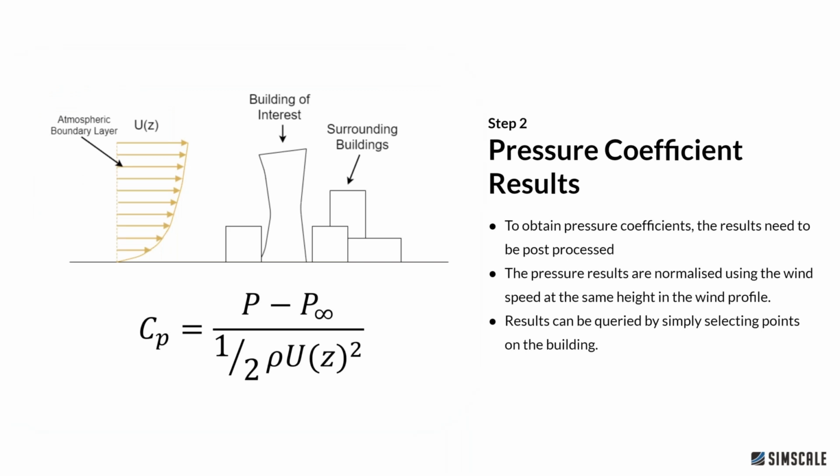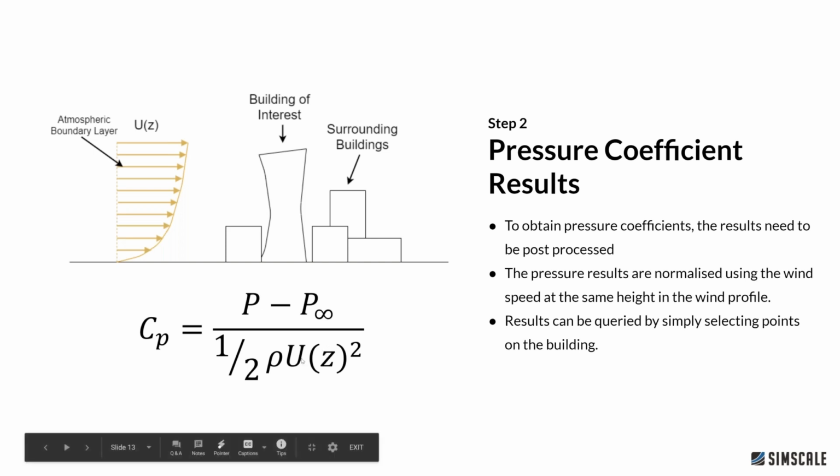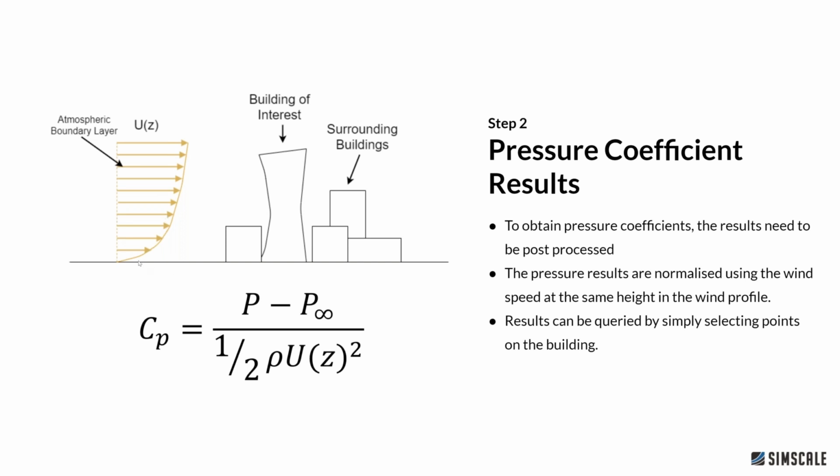The pressure coefficient calculation: here is the famous equation again, except this time it's rearranged. So the pressure coefficient is the subject, and the velocity or the speed is that which is applied at the relative height in the atmospheric boundary layer.